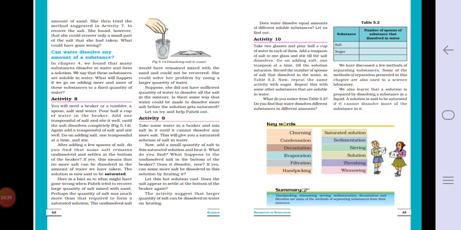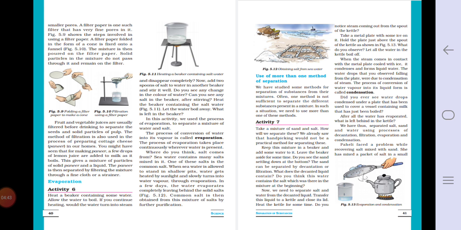Now see here in your textbook, activity 7. Take a mixture of sand and salt. How will we separate these? We already saw that hand picking would not be a practical method for separating these.